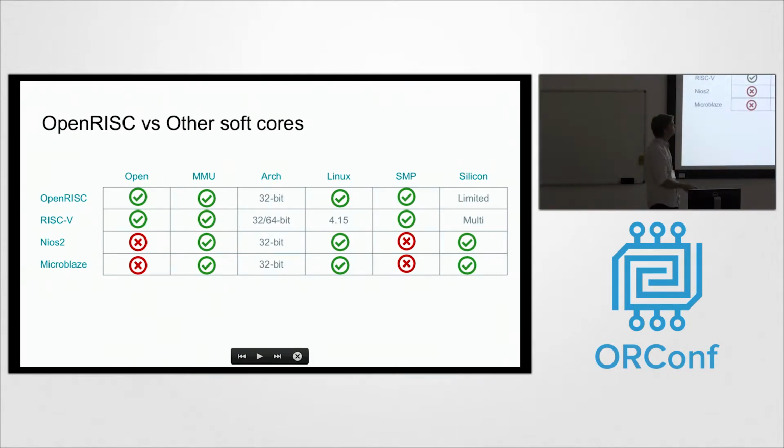OpenRISC has SMP support in Linux as well as RISC-V. There's not as much silicon tape-outs for OpenRISC as there have been for RISC-V. There might be lots of ones for OpenRISC, but mostly it's been done without public notice.